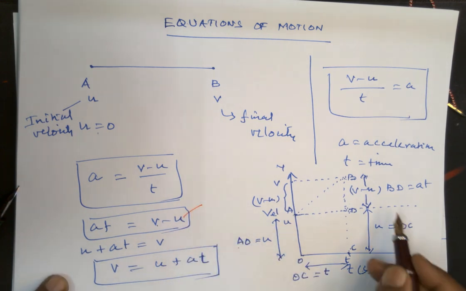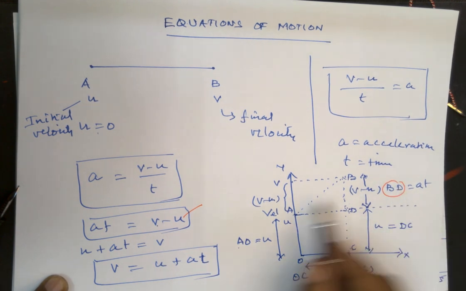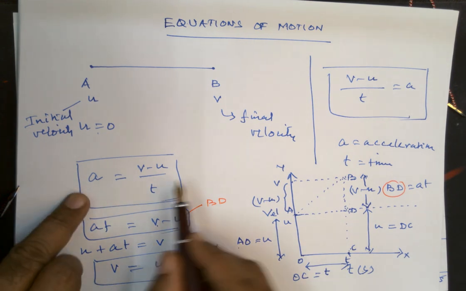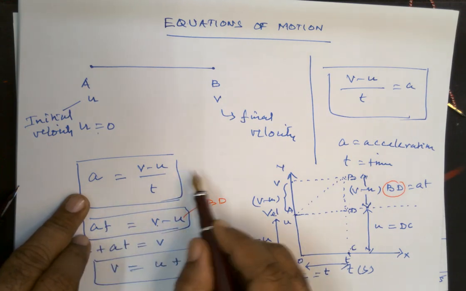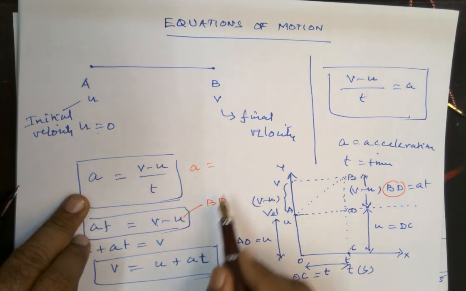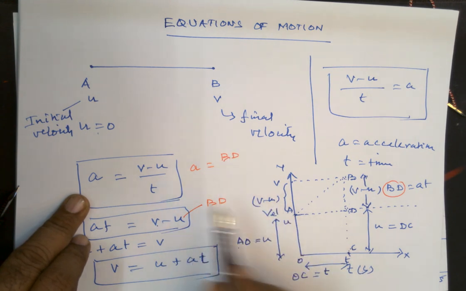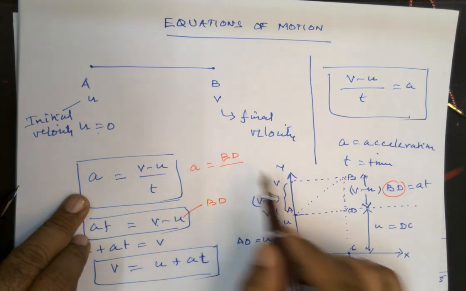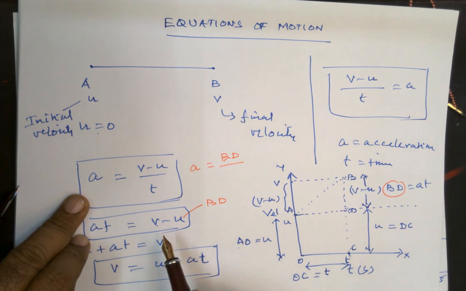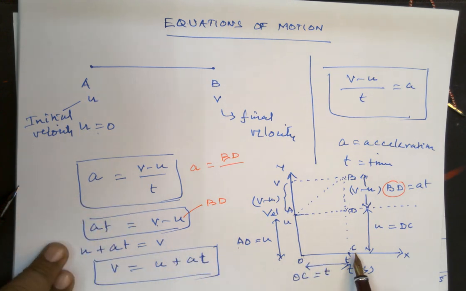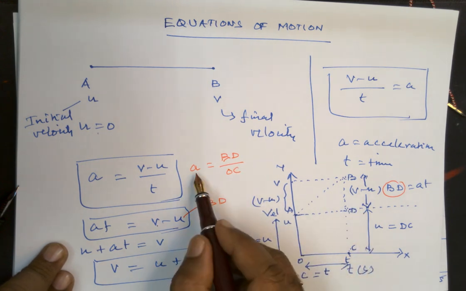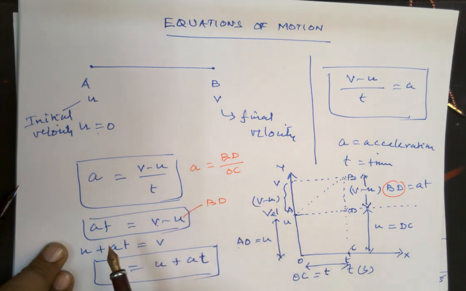This v minus u is represented as BD. Are you able to follow? So we can equate this: a is equal to BD divided by OC. BD is the distance between B and D, which is nothing but v minus u. Correct? So you can easily measure it from the graph. And what is the time taken? The time taken is OC. So from the graph, you can find the acceleration. Are you able to follow?